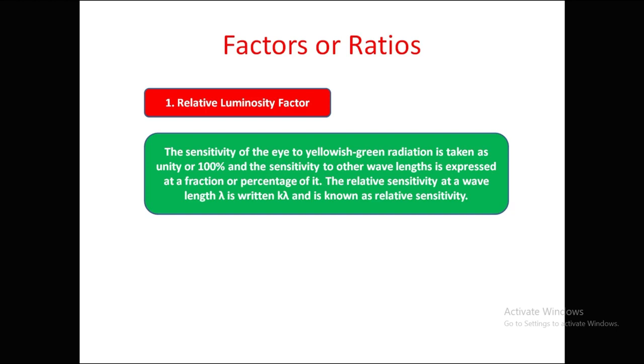That was already discussed in the previous video, and it is equal to 100% of the sensitivity, and the sensitivity to other wavelengths is expressed as a fraction or percentage of it in general, and the relative sensitivity at wavelength lambda is written as k lambda, and this is known as relative sensitivity.